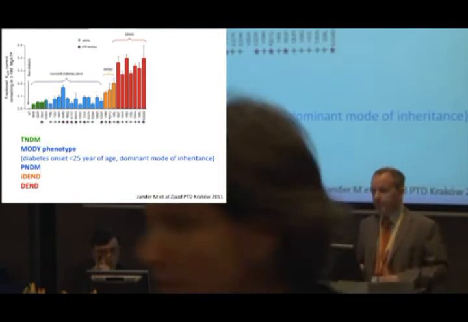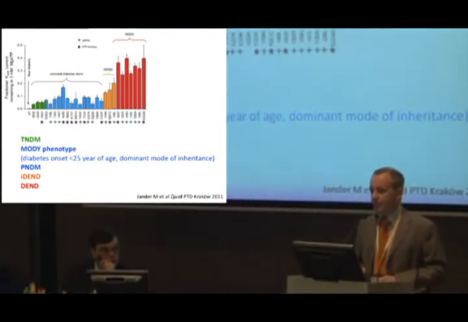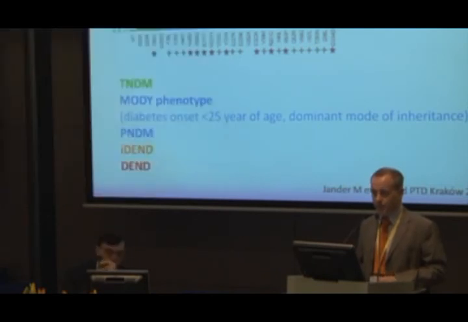So we need to keep in mind that even among the patients who inherited diabetes and were diagnosed after 6 months of age, we are not able to completely exclude neonatal diabetes caused by potassium channel mutation, but this is a really unusual case.